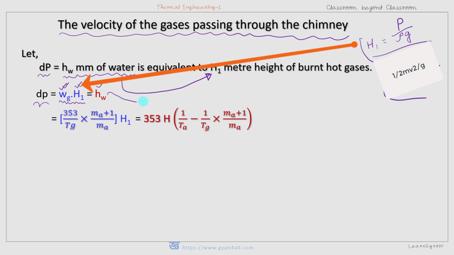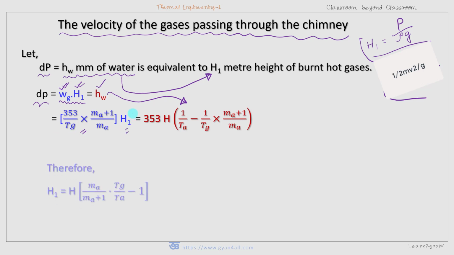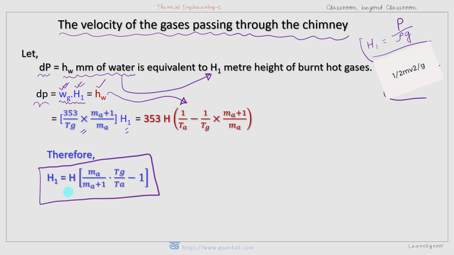And Hw we have already calculated, and this is multiplied by H1, and if we simplify it, we get pressure head in meters of burned hot gases equal to H, height of the chimney, multiplied by this one.